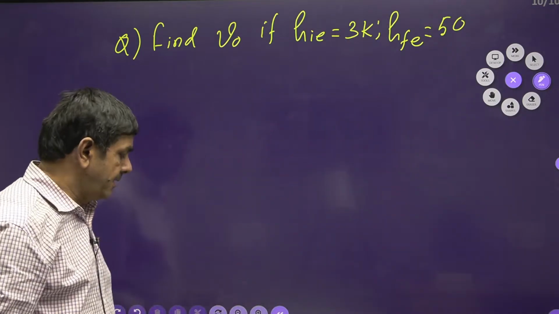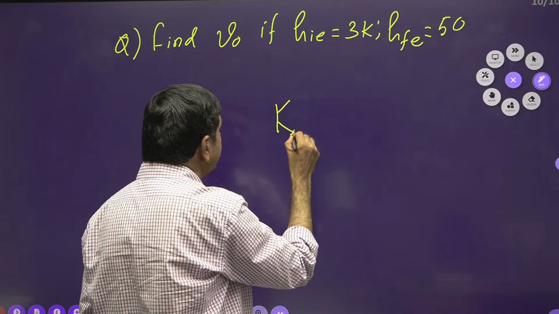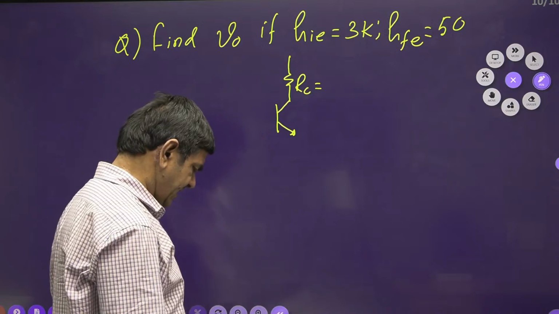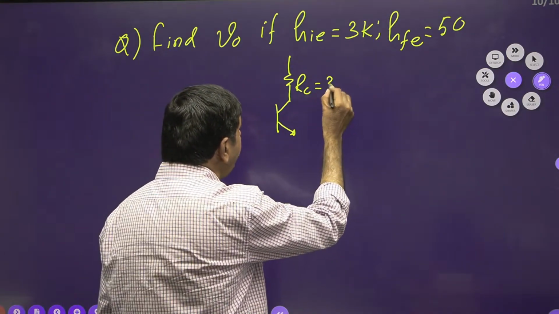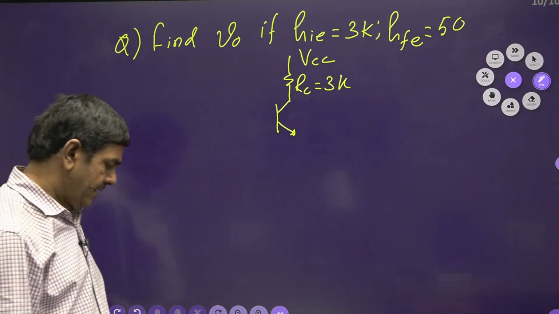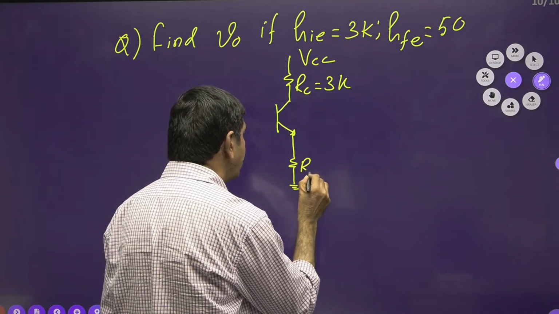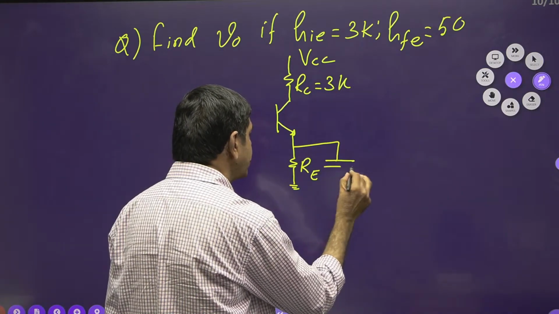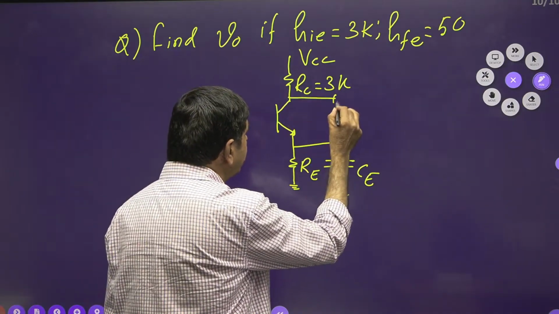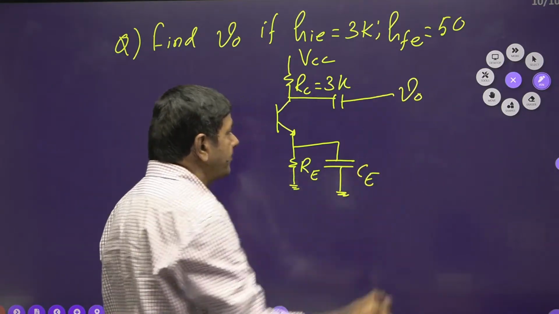But the given network is like this. There is a transistor with RC, given as 3K, and the supply voltage is given the name VCC. Here the emitter resistance RE is connected. There is an RE and also a bypass capacitor CE. Here a capacitor is connected, and V0 is taken here.